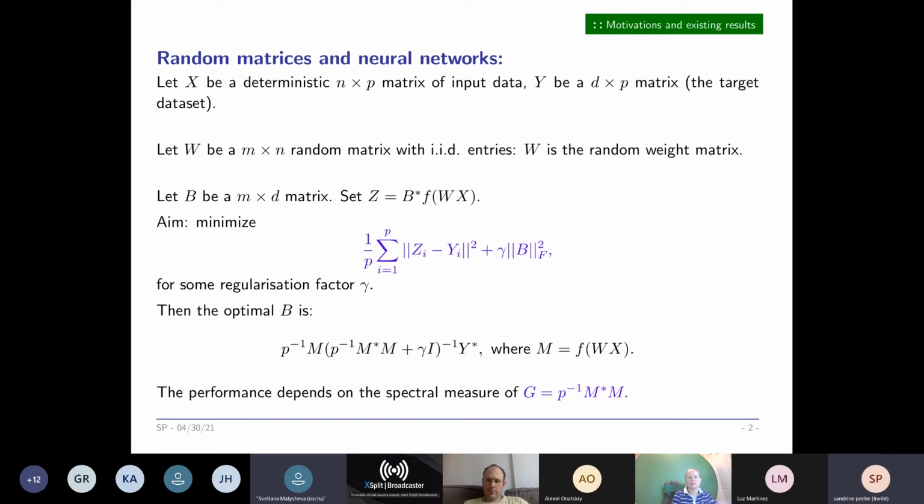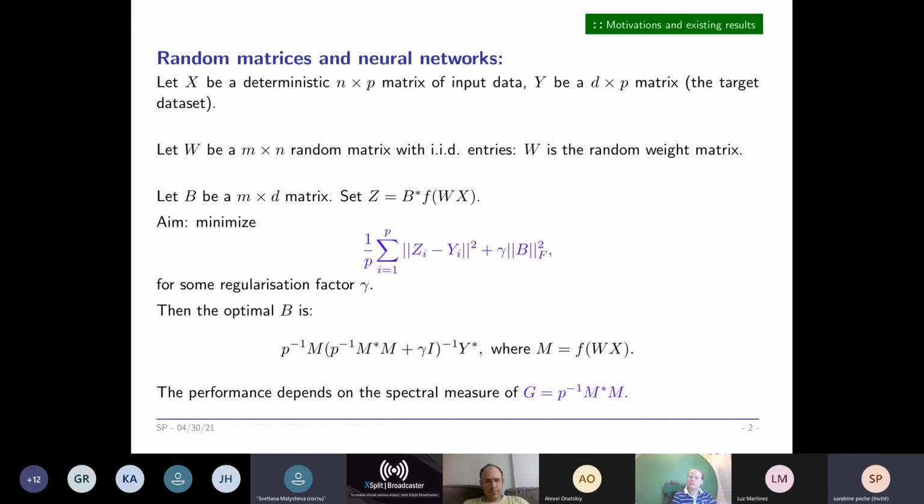And this gives an error which is simply a linear combination of the error we make on each of the column vectors of Y. As is quite usual in this interpolation procedure, we add a regularization factor gamma, including the Frobenius norm of the matrix B. This is useful to avoid what is called overfitting in such learning procedures.